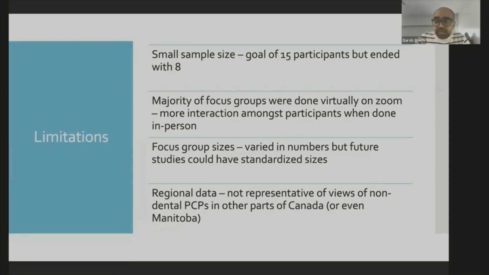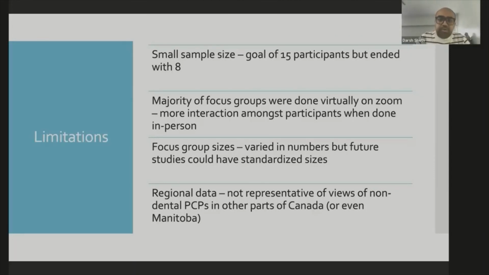And finally, the last limitation I had was the regional data. Everything that I did was from Manitobans, non-dental primary care providers, and it's not really representative of barriers to implementation in other parts of Canada, such as in Eastern Canada. They have different population groups, they have different issues in their communities.